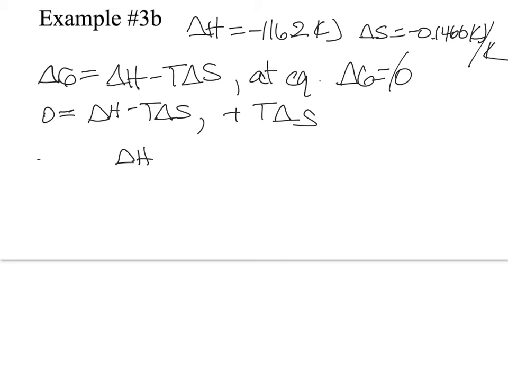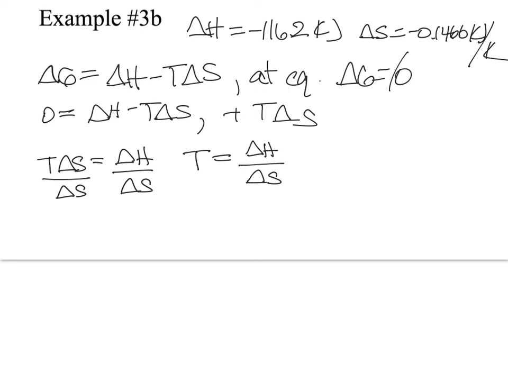Okay, so we have T delta S is equal to delta H. We're going to divide both sides by delta S. So we get a new formula, rearrangement. T is equal to delta H divided by delta S. And this will tell us T where it changes from either spontaneous to not spontaneous or the other way around.